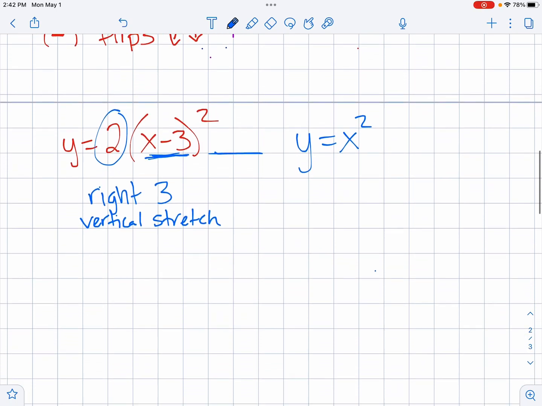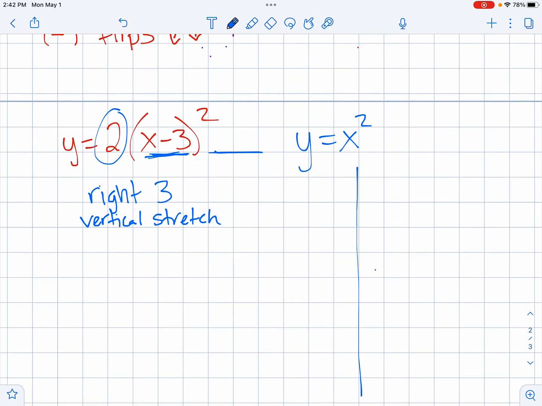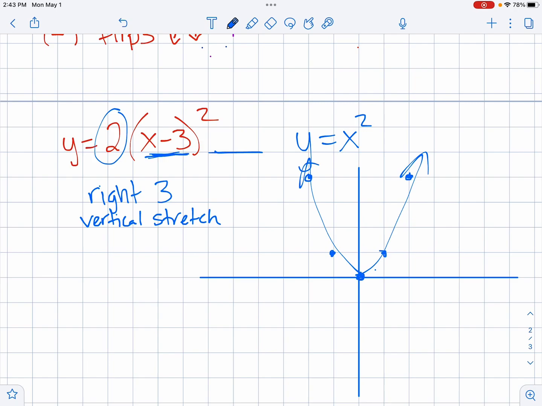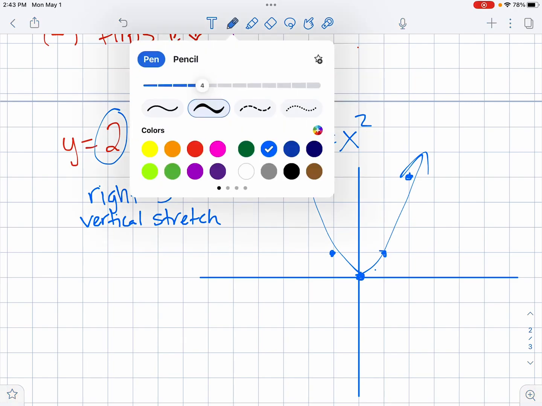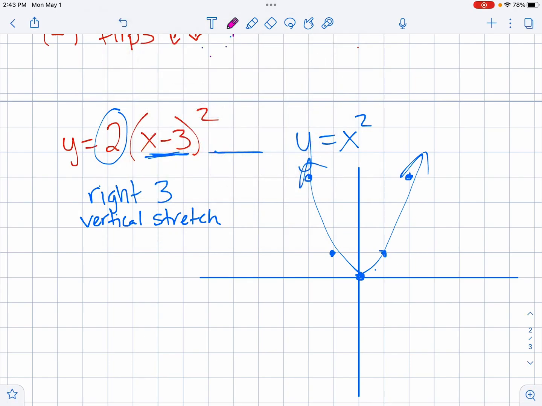So let's look at that on the graph. First thing I'm going to do is put my parent function on here, which we already had down. That's a good one to memorize and just know exactly what it looks like, because it's helpful to sketch it. All right, so my new one, it shifted right 3, so 1, 2, 3, so we go here.